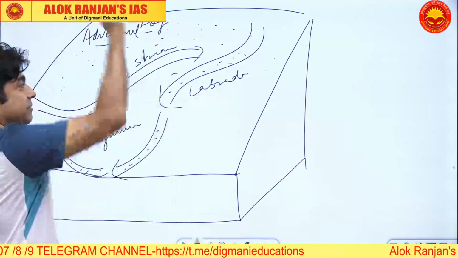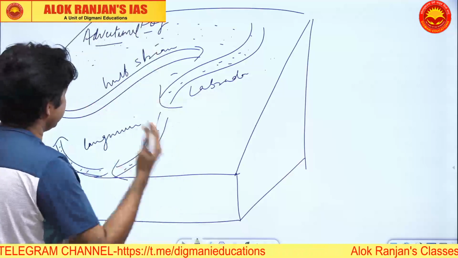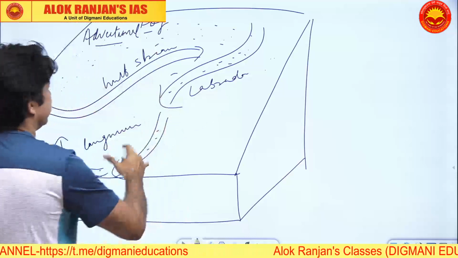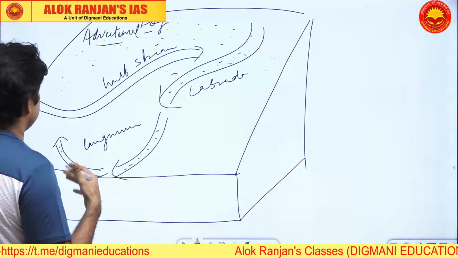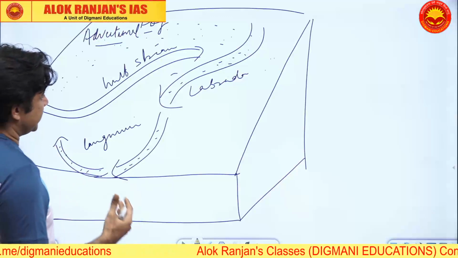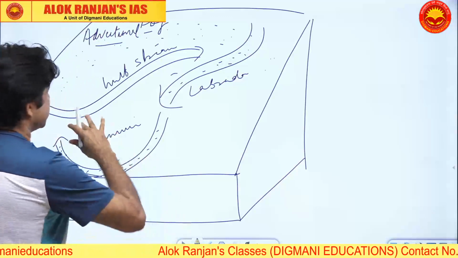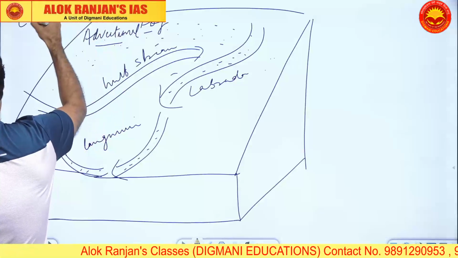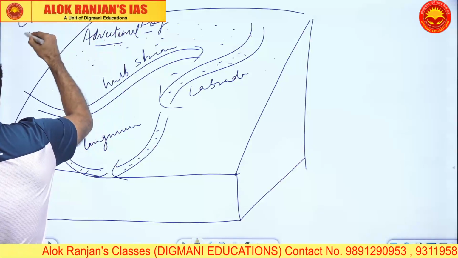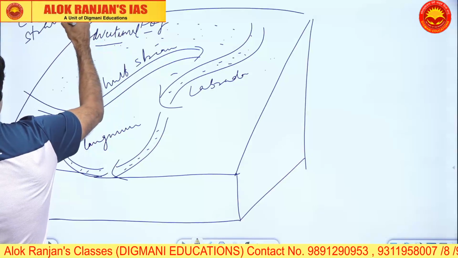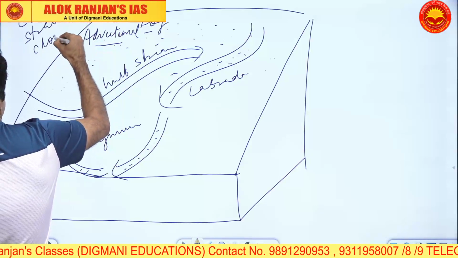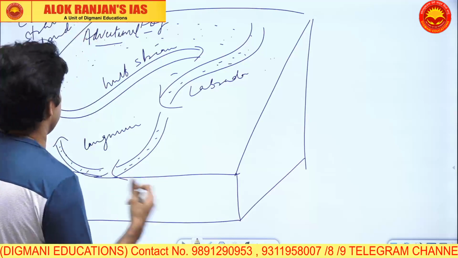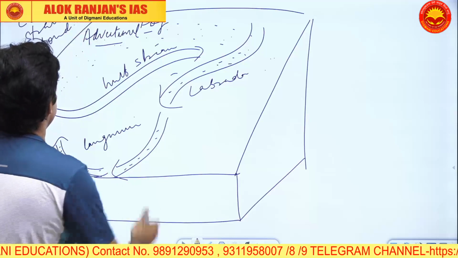We have convection, vertical rising of air, and advection, horizontal mixing of air. So when the Gulf Stream is mixing with the Labrador, we will have advectional fog. Fog is a kind of low stratus cloud. Okay? So we have this fog.